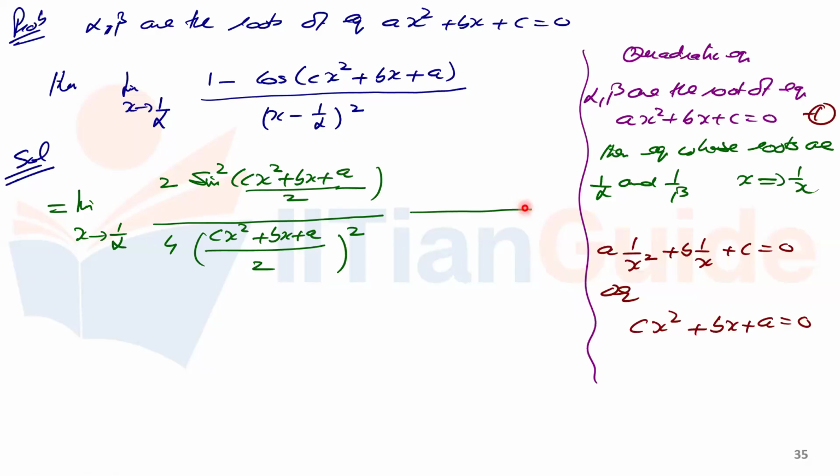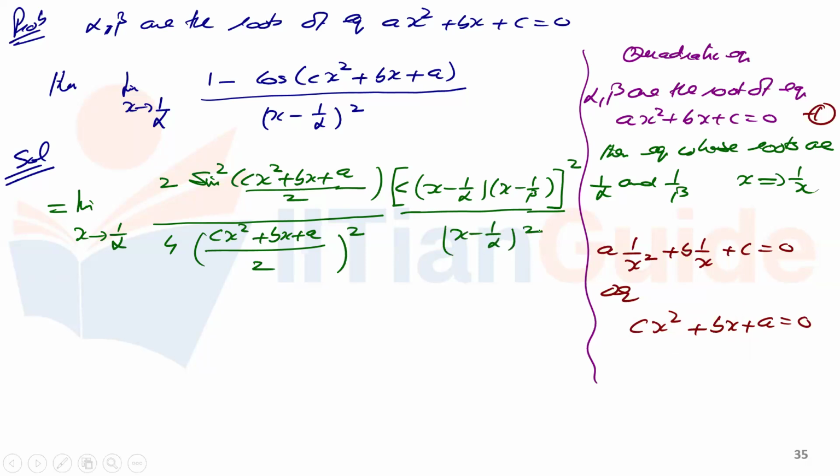Direct लिखने जा रहा हूँ, हाँ। cx square plus bx plus a, I will write. इसको लिखूंगा, और I can factorize. इसके रूट्स 1/α 1/β है। So I can write it to be x minus 1/α into x minus 1/β. But the coefficient of x square का c है, so I will have to write c also. c भी लिखना पड़ेगा, and its square. In the denominator I have x minus 1/α whole square.